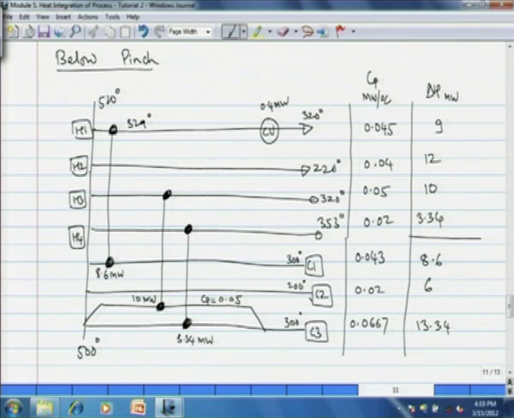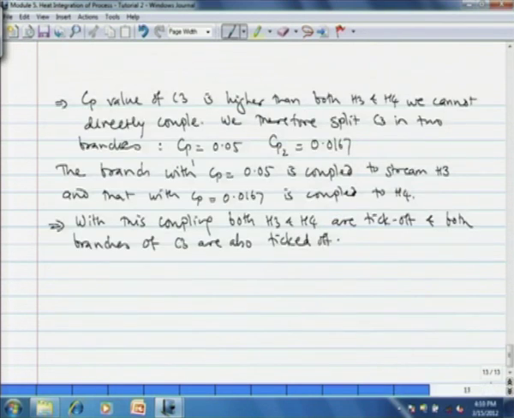Okay. Now, we are left with now two streams, C2 and H2. Heat available in H2 is 12 megawatt and the heat demand of C2 is only 6 megawatt.